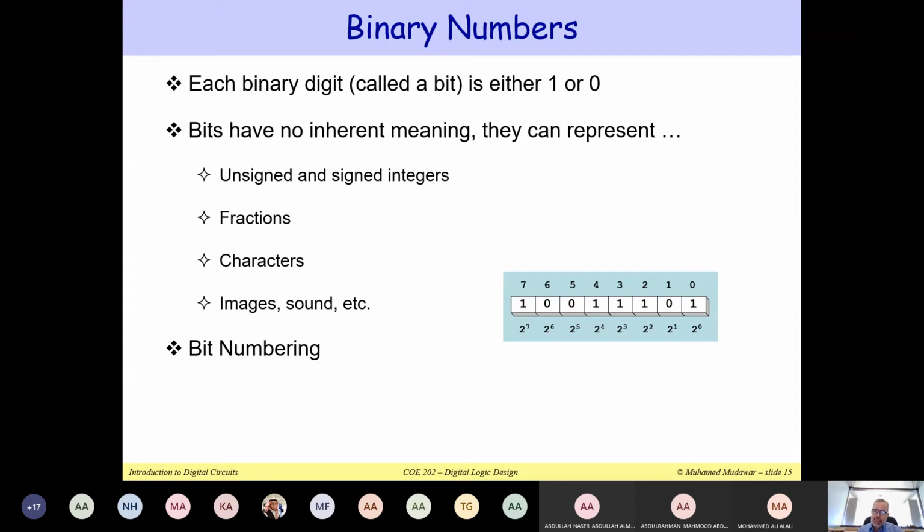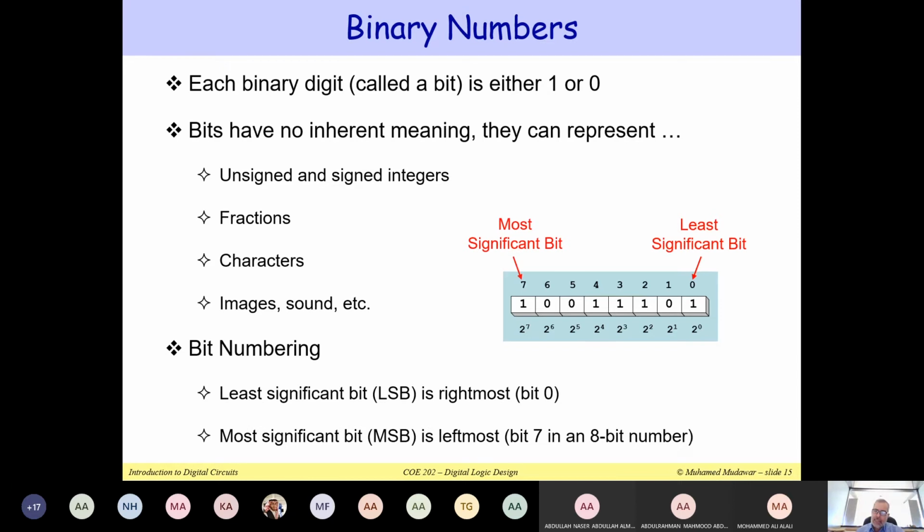You cannot really do much with a single bit, but you can take a group of bits, for example 8 bits, to represent a number. Here I'm showing 8 bits, and these bits are numbered from bit 0 to bit 7. Bit 0 is the least significant bit, and bit 7 is the most significant bit. So we start at 0.